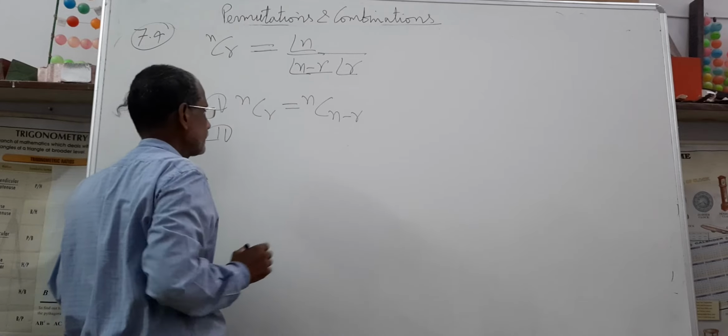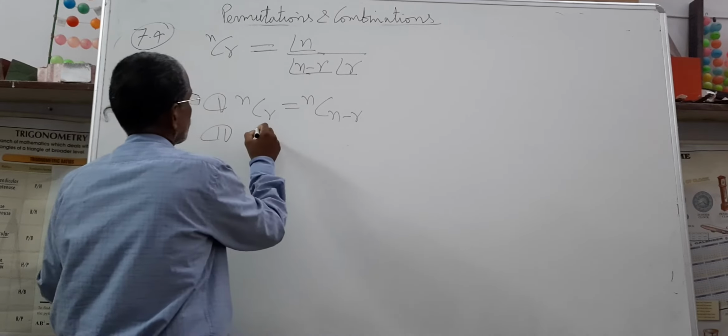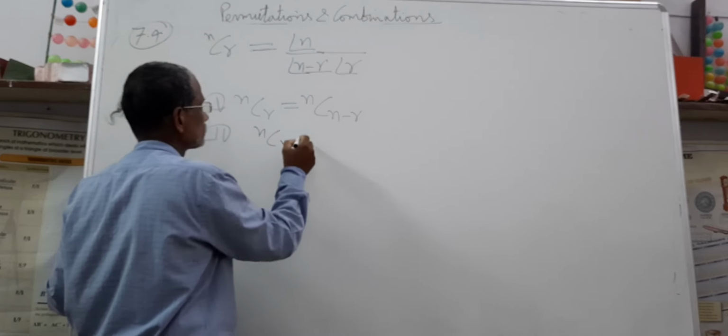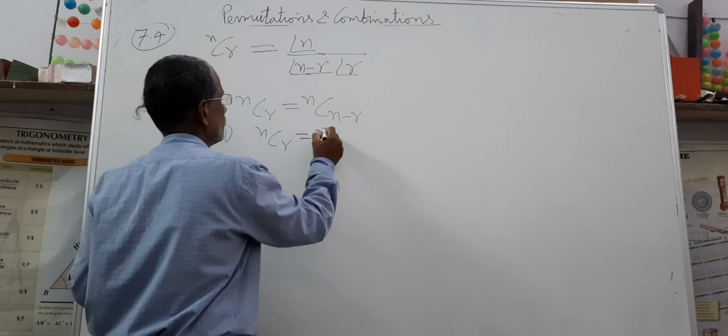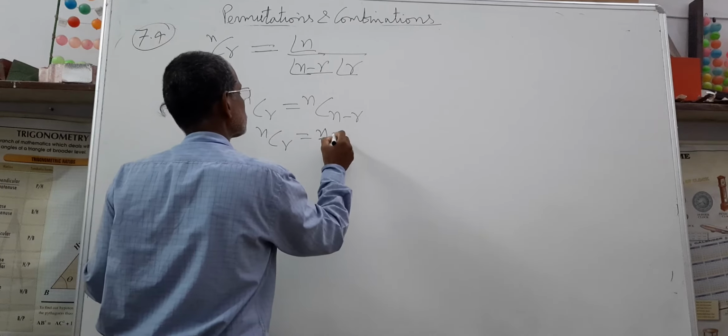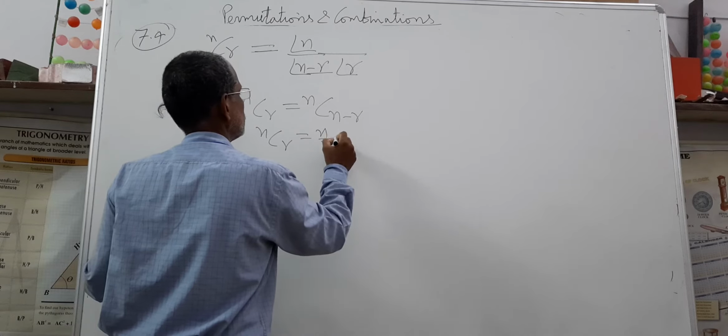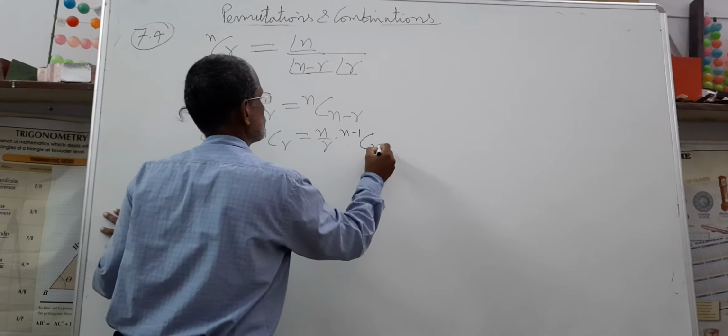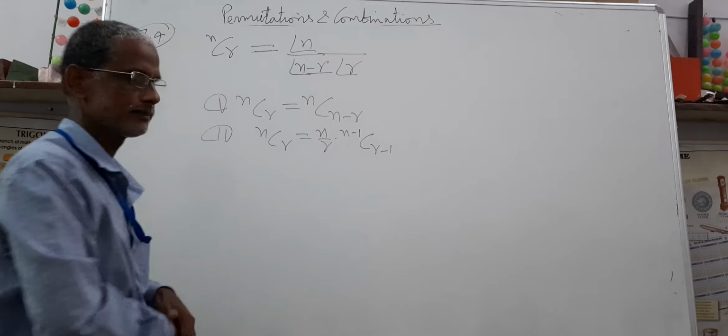Second property: NCR is equal to N by R into (N minus 1)C(R minus 1).